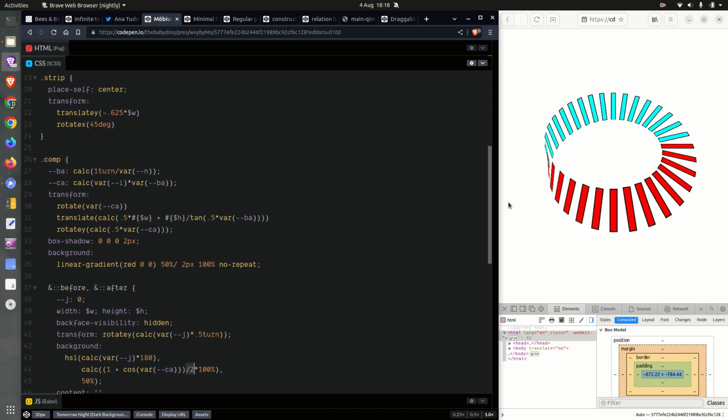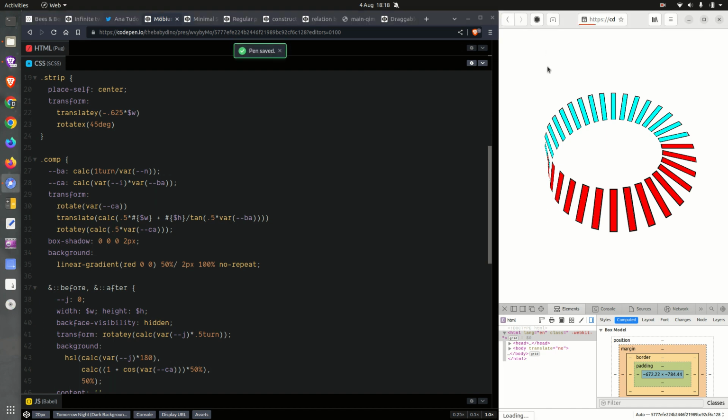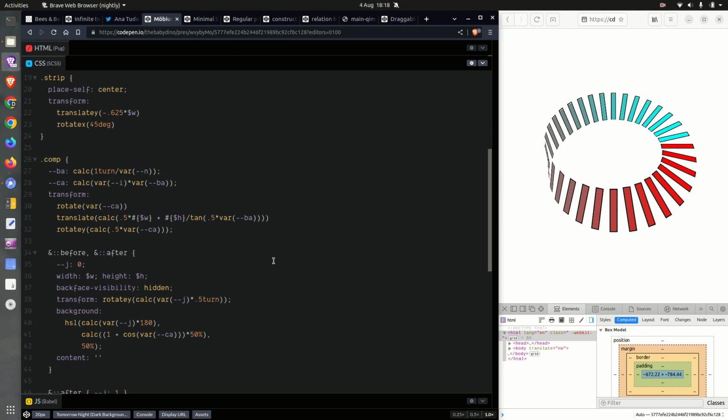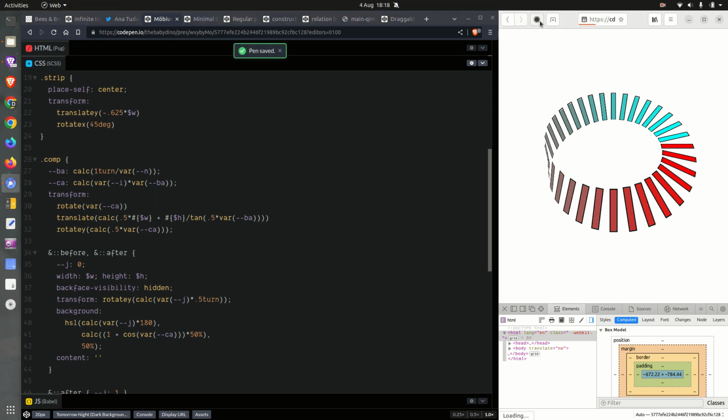But divided by 2 multiplied with 100% is multiplied with 50%, right? So let's see it. Right, we go to fully gray right there. Let's get rid of those. We're not going to need those outlines anymore, right? So we go to fully gray right there.